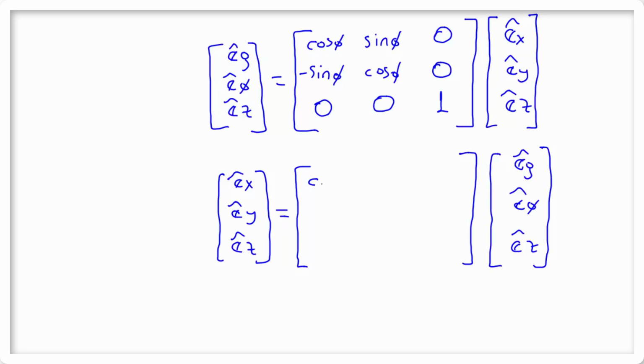The row was cos phi, sin phi, 0. I'm making these into a column as they are. I made a column, as you can see: cos phi, sin phi, 0. I'm making the second row the second column. My second row begins with minus sin phi. The row continues with cos phi.